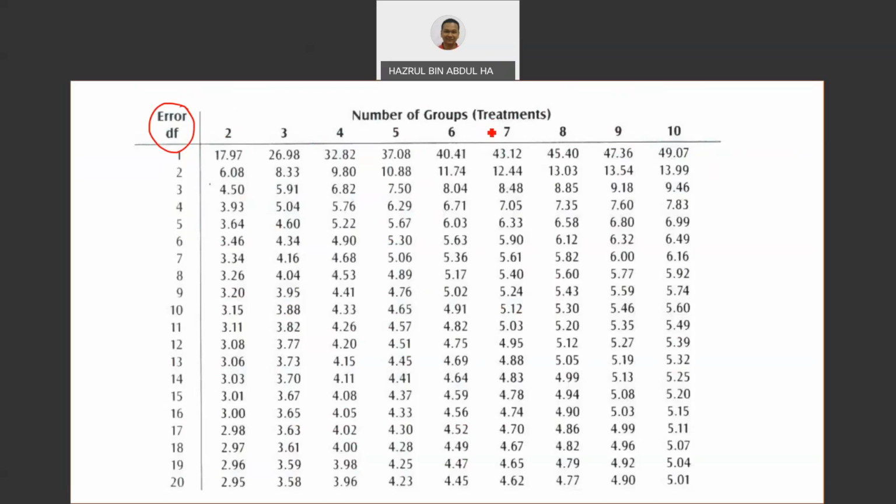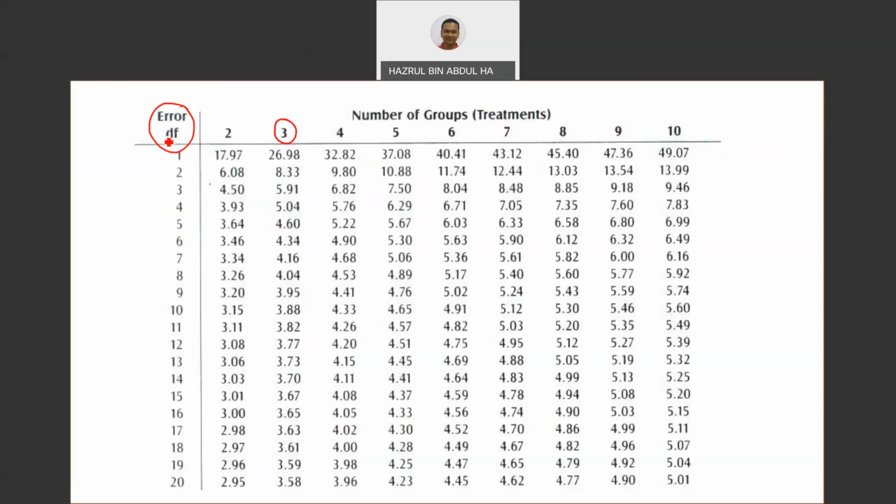So for this example, the number of groups or treatments is 3, and this is the degree of freedom within group. So you refer back to the analysis of variance.